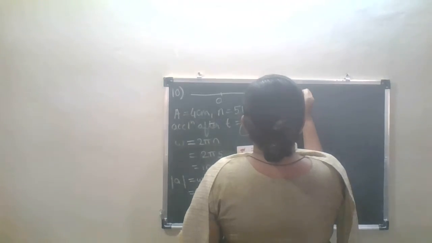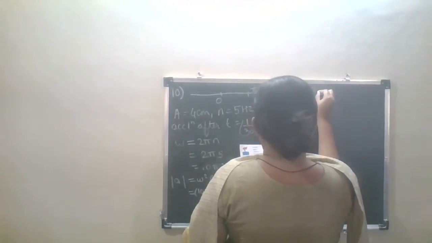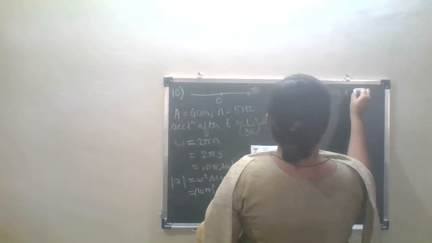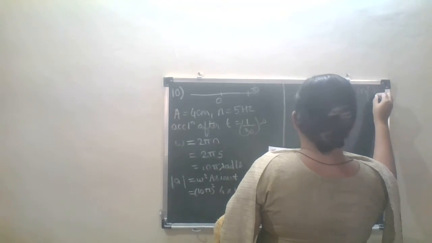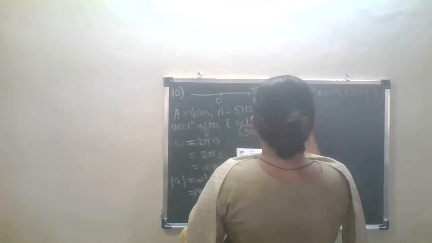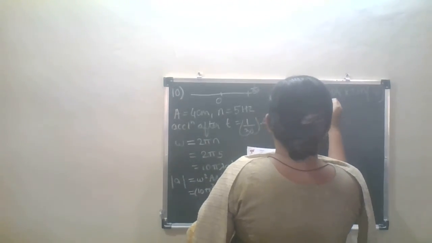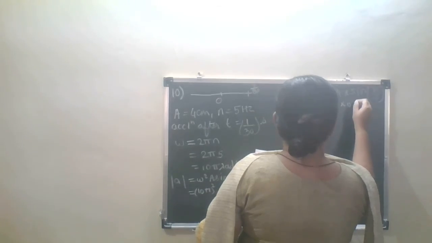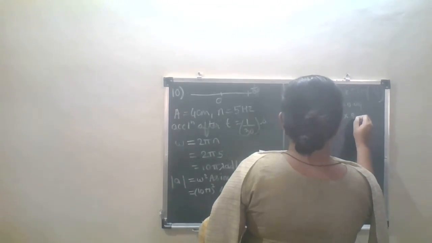So this is equal to 100 pi square into 0.04 into sine pi by 3. 100 into pi square, which is 9.872, into 0.04 into sine pi by 3.